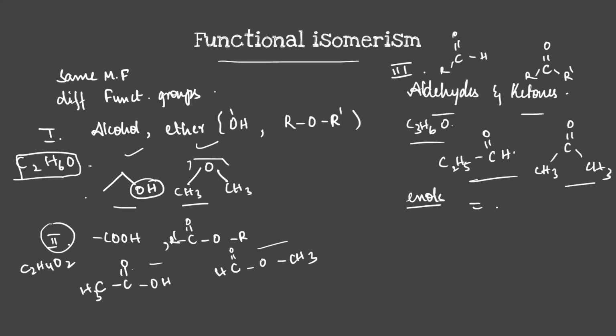What are enols? They have a double bond and they have an OH functional group. So let's see an enol. Let's take CH2 double bond CH, OH.